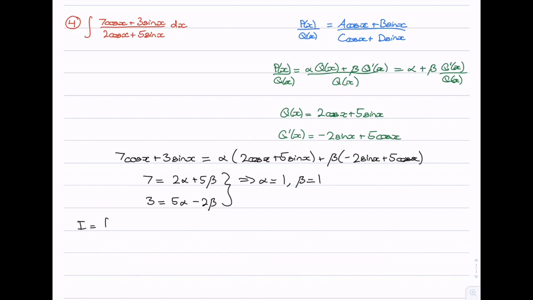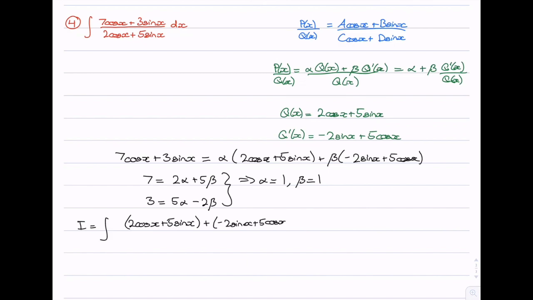We can rewrite the numerator as alpha times q, so that's going to be 1 times 2 cos x plus 5 sin x, plus beta times q dash of x, so plus 1 times negative 2 sine plus 5 cos.